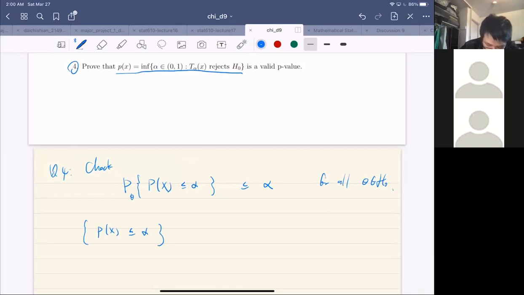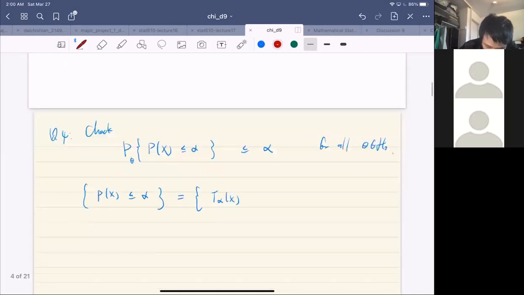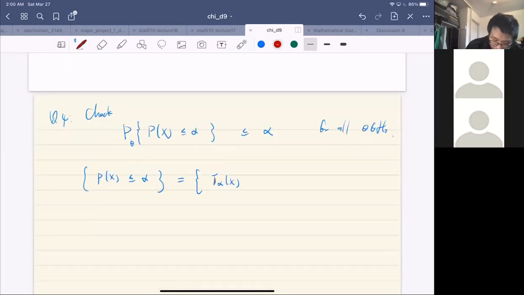That means the T_alpha(x), if alpha is greater than p(x), so I think I have to explain this first.